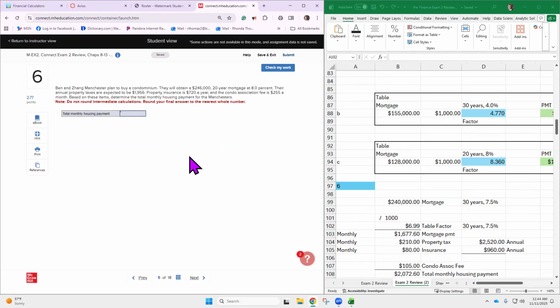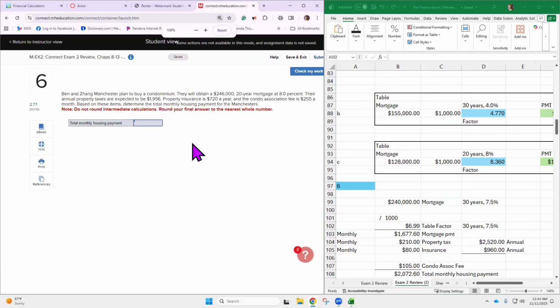So this is similar to what we just did. Ben and Zane Manchester plan to buy a condominium. They will obtain a $246,000 20-year mortgage at 8%. Their annual property taxes are expected to be $1,956. Property insurance is $720 a year, and the condo association fee is $255 a month.